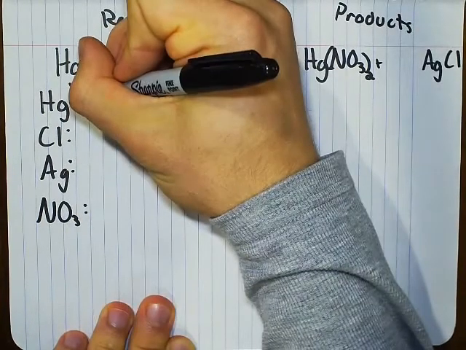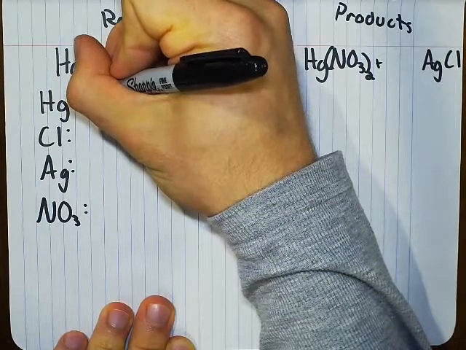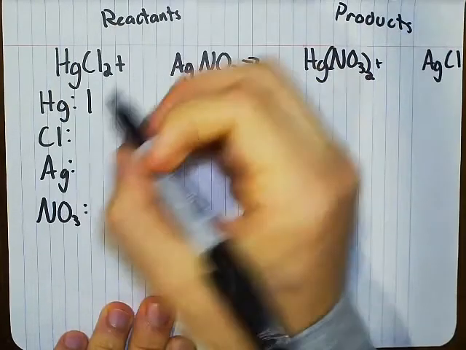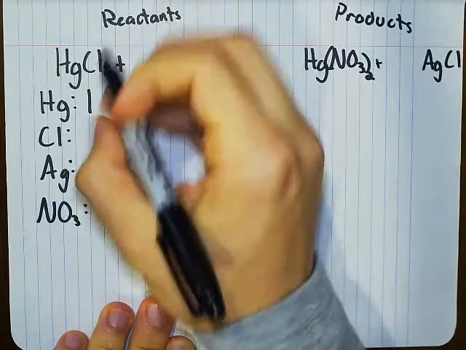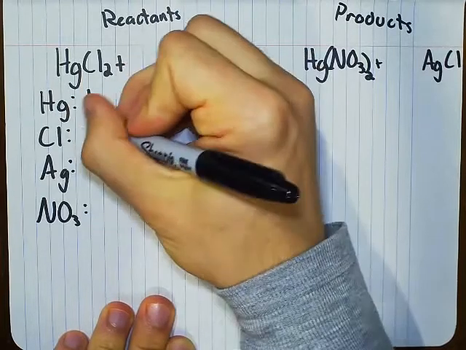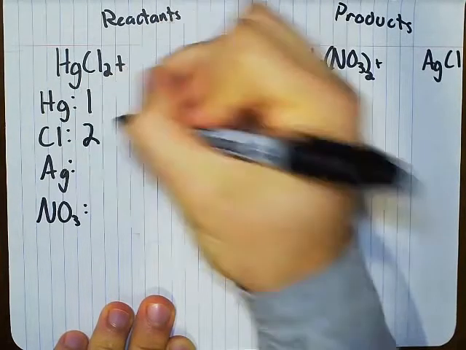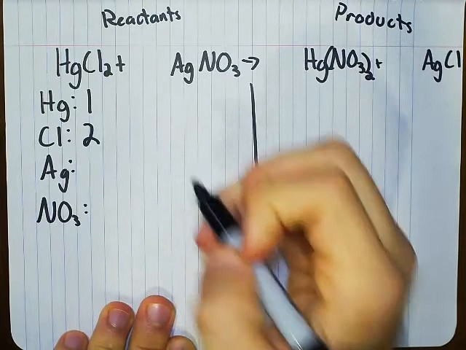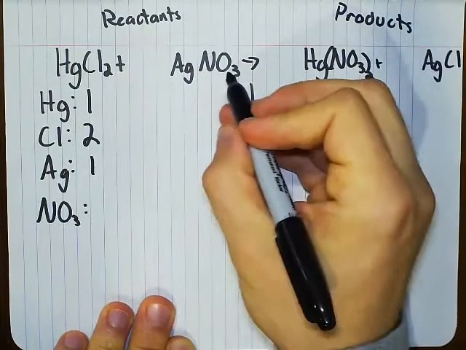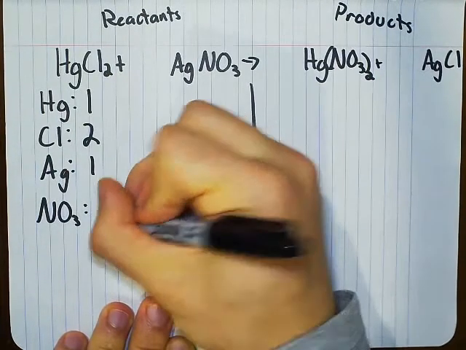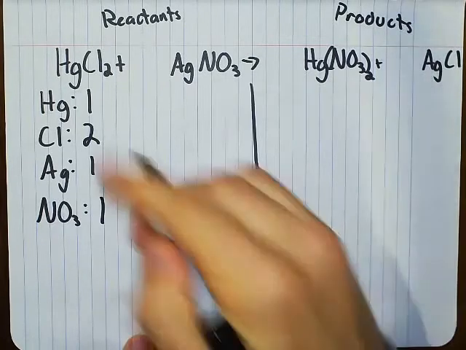I've got one atom of mercury when I'm unbalanced. I've got two atoms of chlorine when I'm unbalanced because I've got a subscript of 2 in front of my chlorine. I've got one atom of silver, and I've got one ion of nitrate.